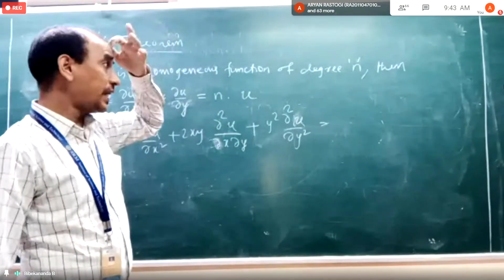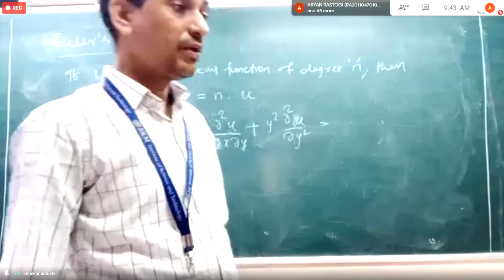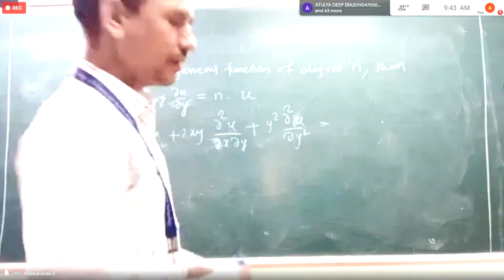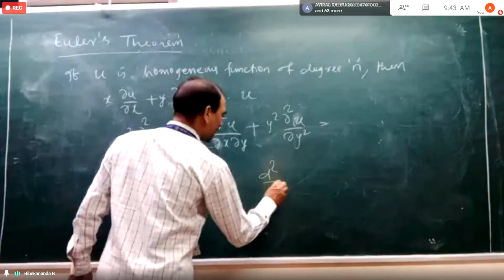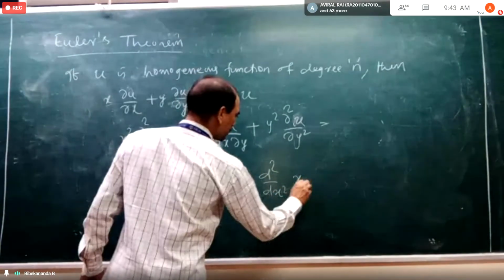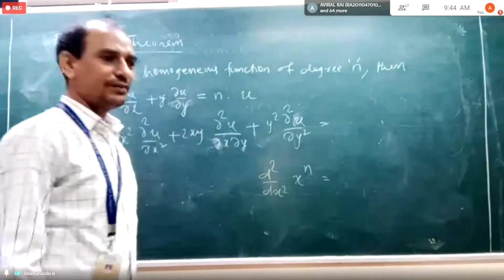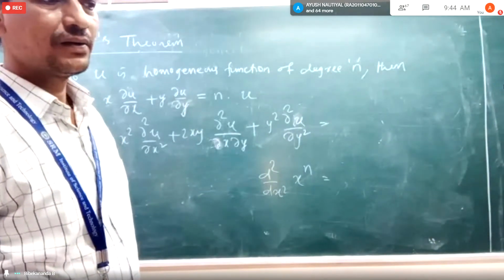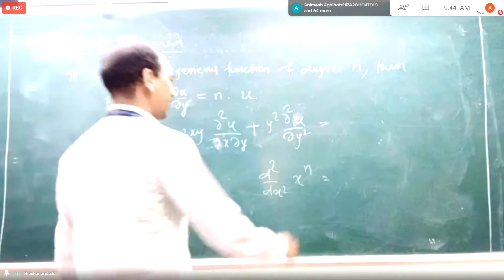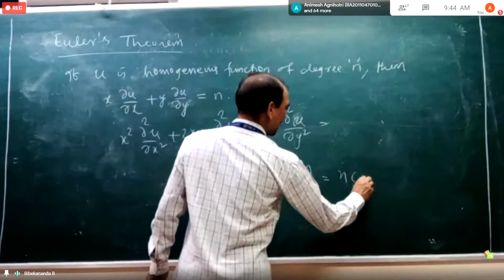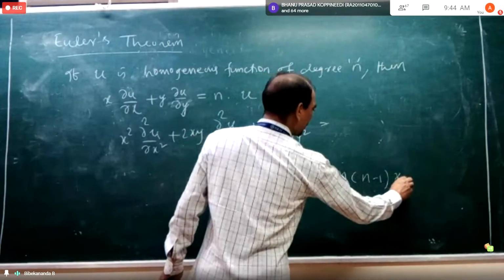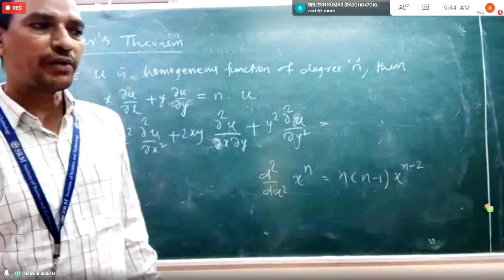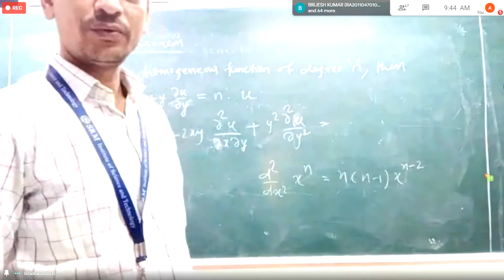If we take x to the power n, two times derivative, what will be the expression we get? Tell me d square by dx square of x to the power n. What will be the value? n into n minus 1 into x to the power n minus 2. Isn't it?